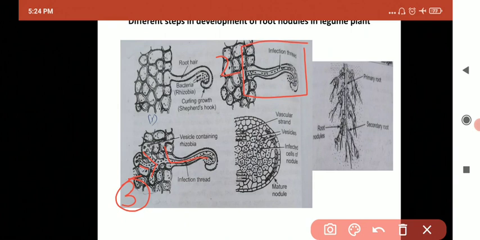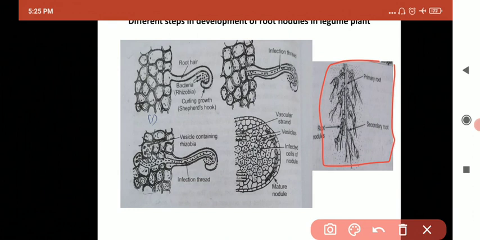And this is the magnified view of rhizobial bacteria and host plant symbiotic association, which together are responsible for nitrogen fixation, and this is the final root nodule formation. So this is the overall process of root nodule formation, which is helpful for nitrogen fixation.